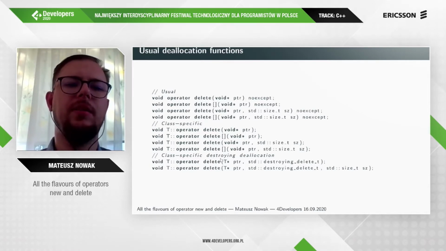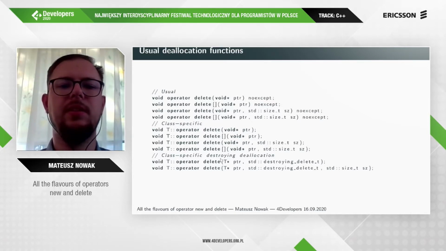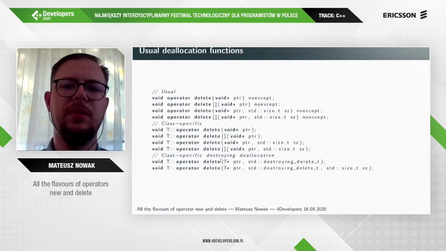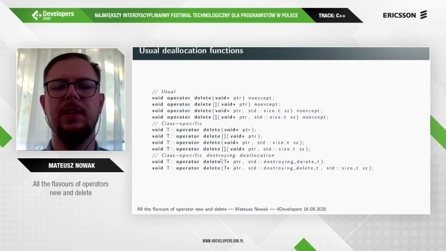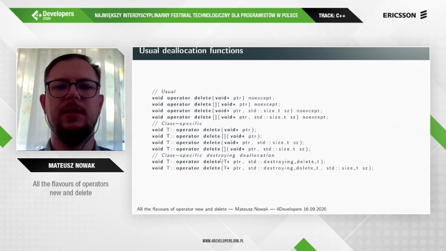We can override both for a class, so we have class-specific operator delete. And also we have a variation that is called destroying delete. It can also be only defined for a class. And with that, destroying, not destroying.